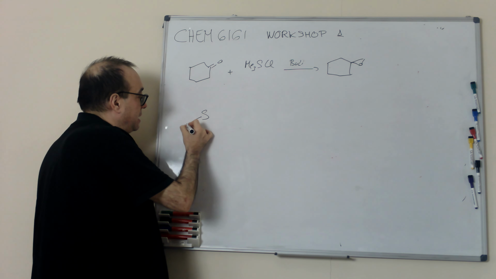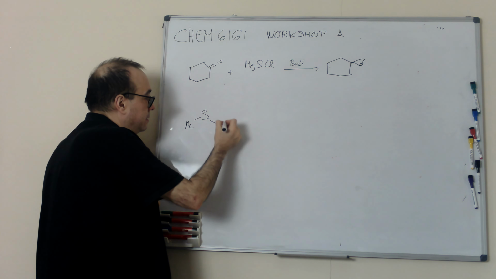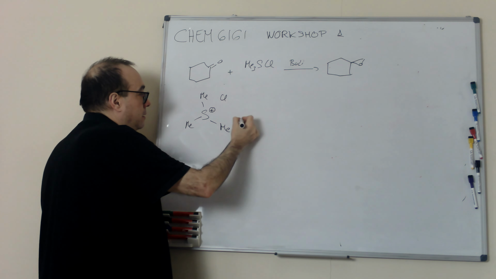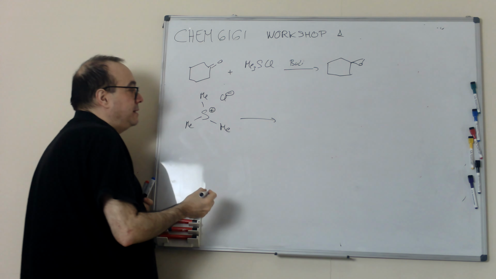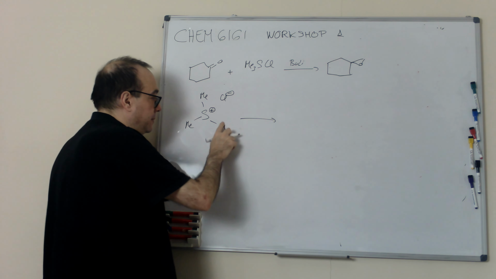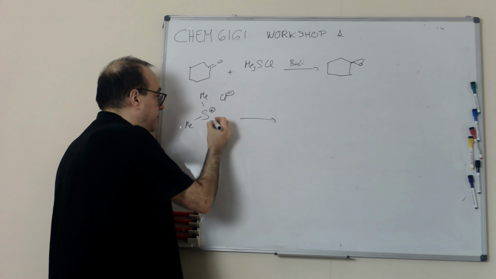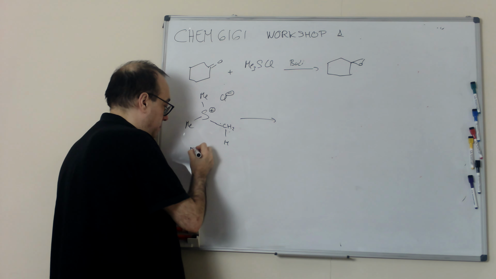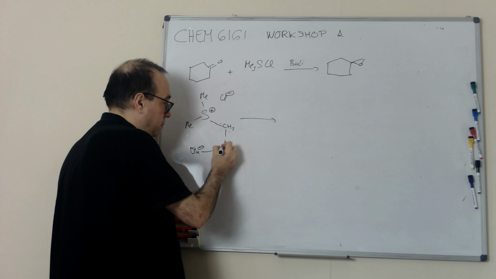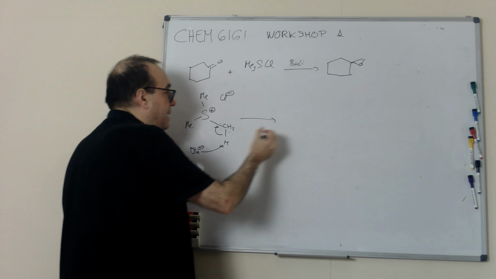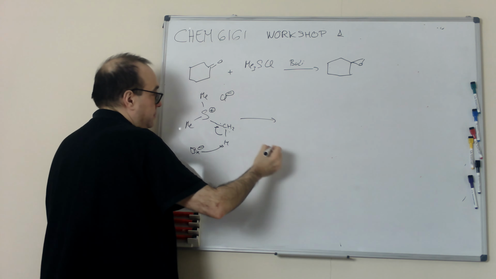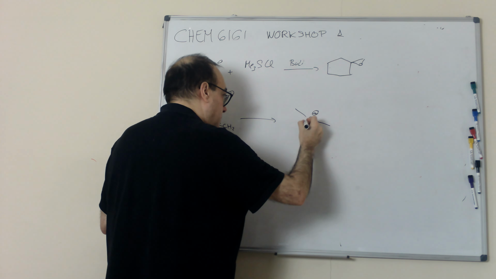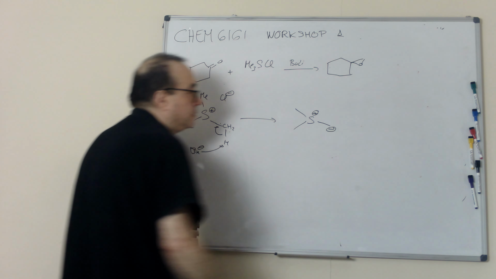Then basically what is happening is that we have this. When we add the butyllithium, what we are doing is forming an ylide and we get this compound. Okay?